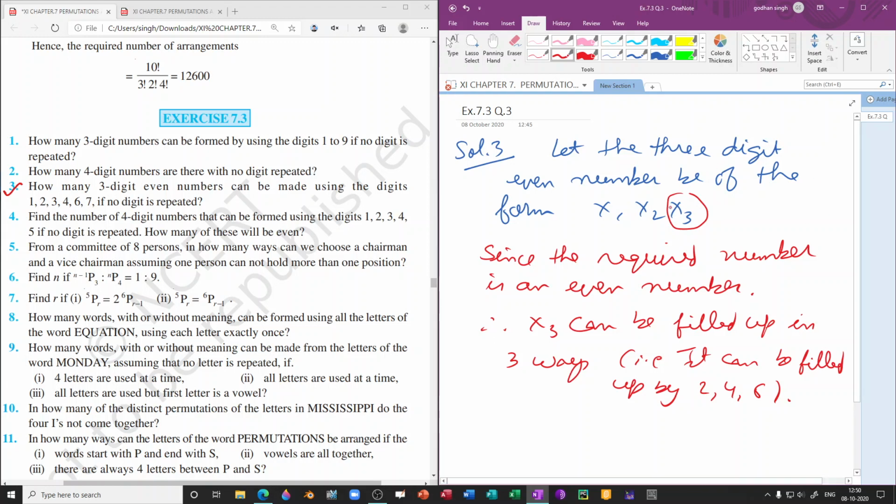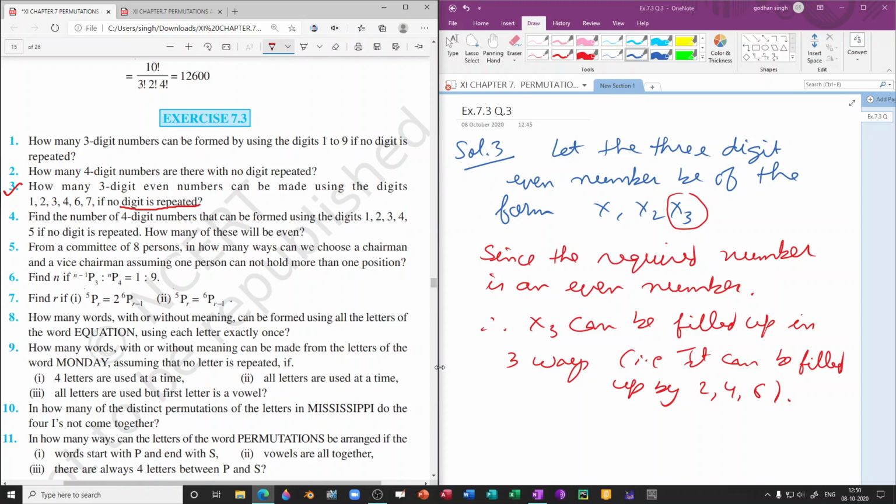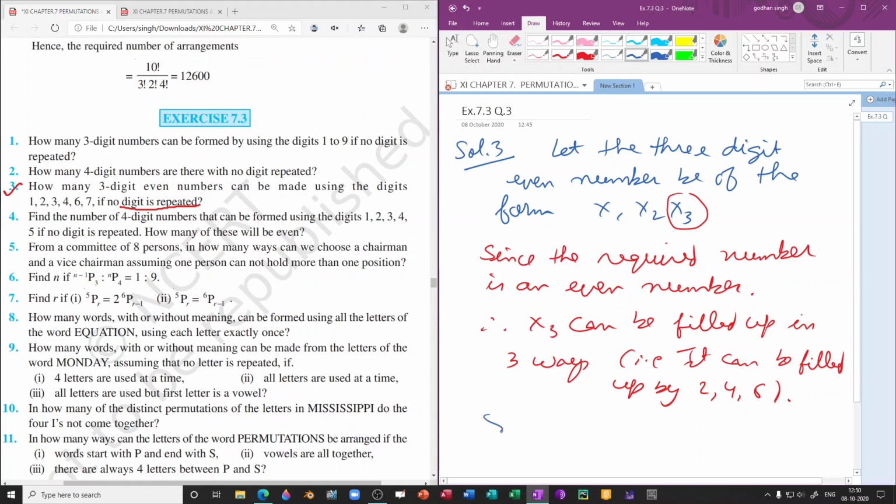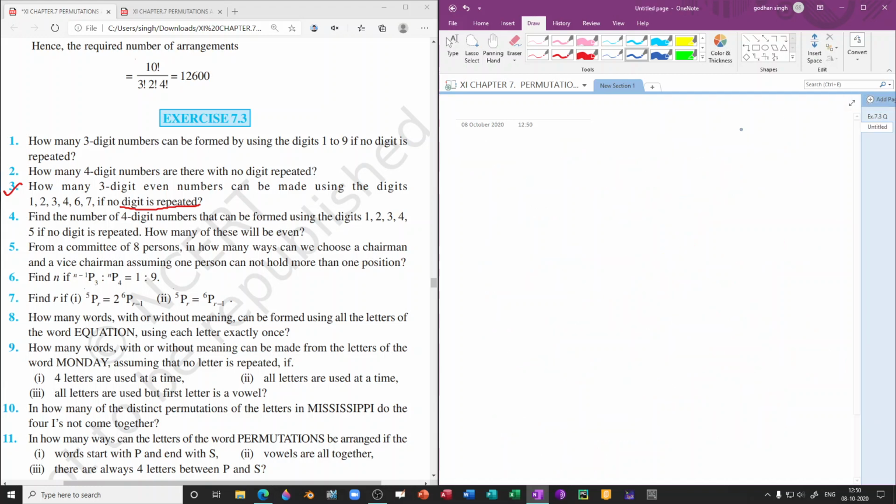Now next, x2, because here repetition is not allowed. What it says here, third one, no digit is repeated. Since repetition is not allowed, therefore x1 can be filled up in how many ways?